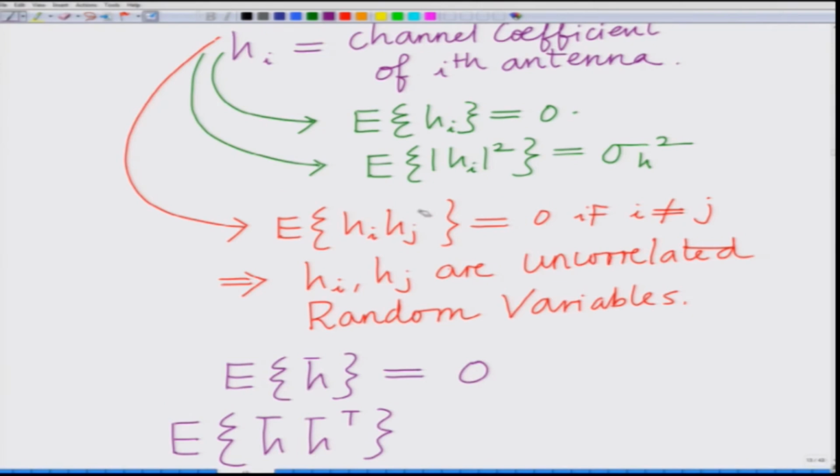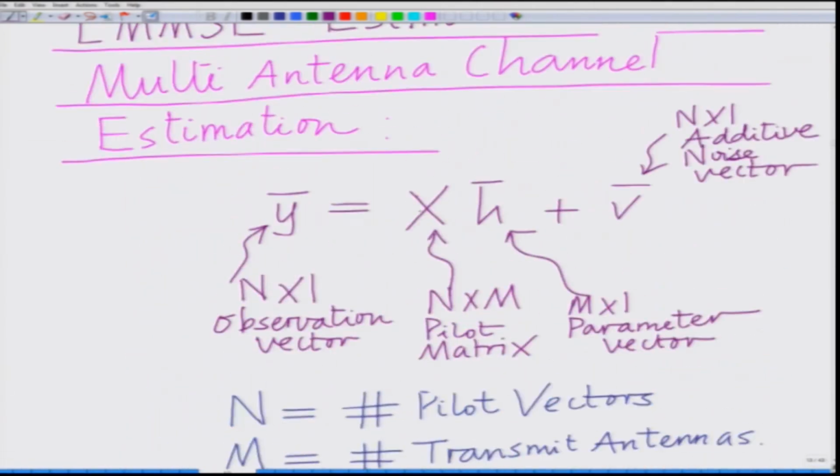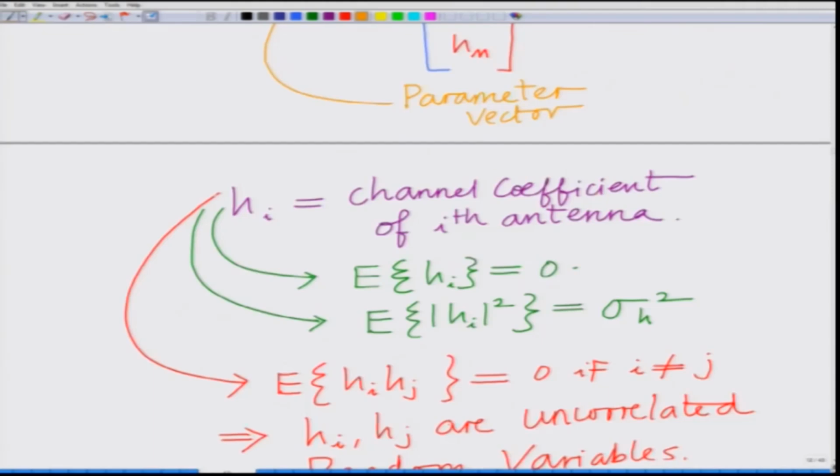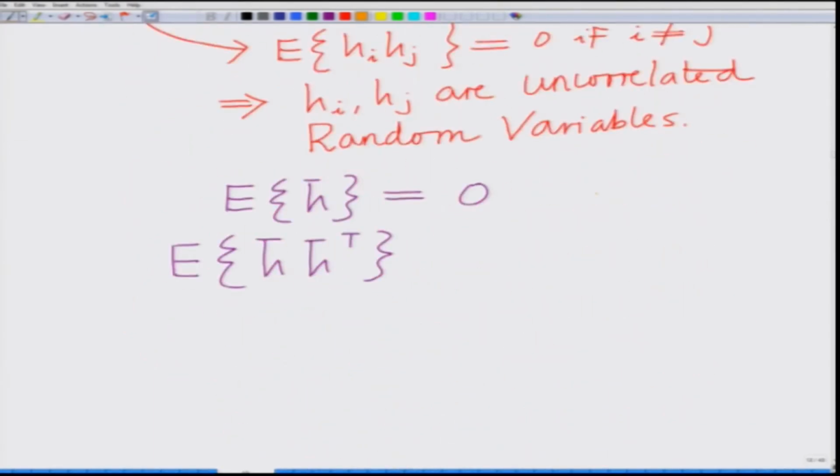I am going to remove this complex conjugate, just to make this estimation paradigm simple. Consider all these quantities to be real to begin with. We are going to illustrate later how you can extend this to a complex scenario.